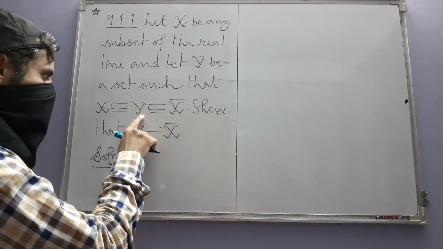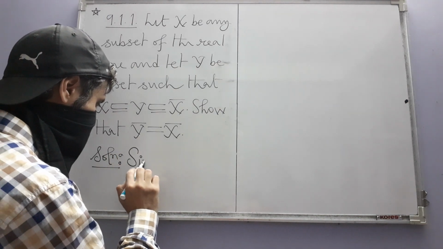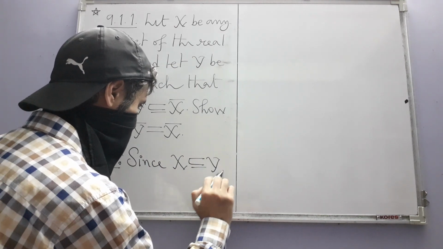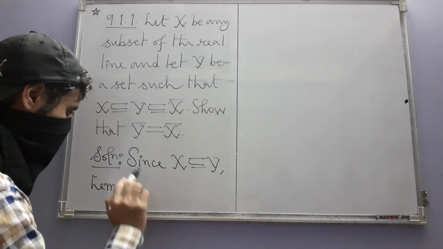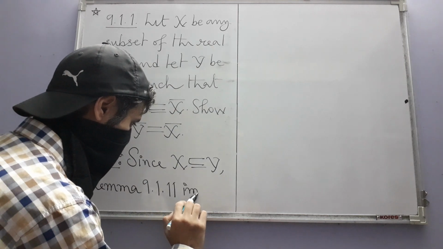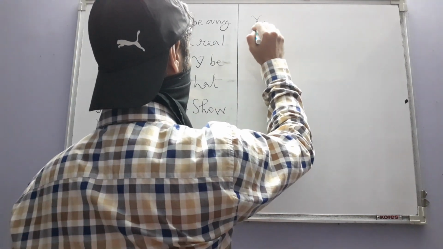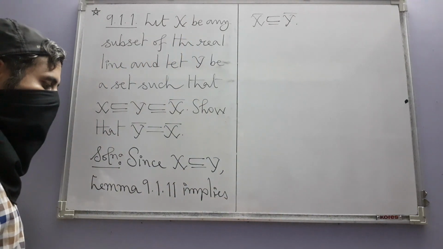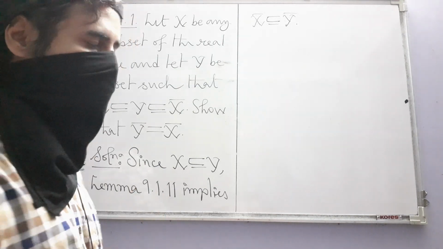From this first containment, we are immediately going to get something. Since x is a subset of y, lemma 9.1.11 implies that x closure is a subset of y closure, and this is that lemma which gives us the elementary properties of closures.